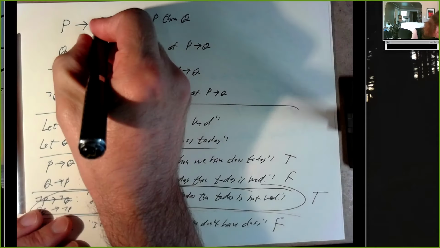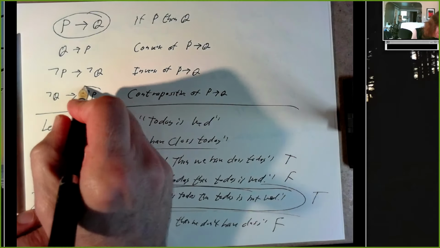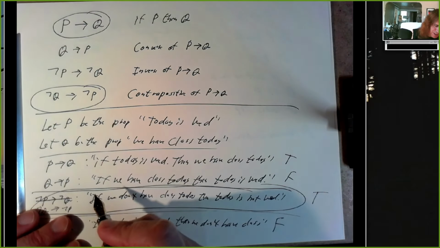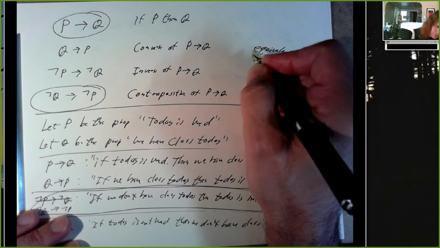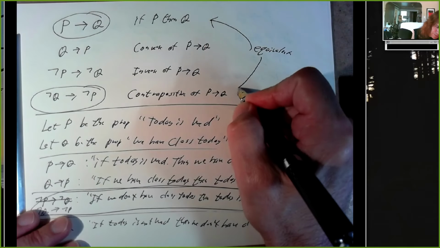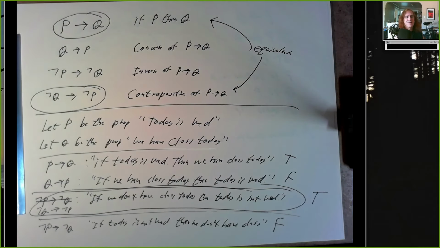So it turns out that if P then Q, and if not Q then not P, are equivalent. They're logically the same truth value, always, guaranteed.